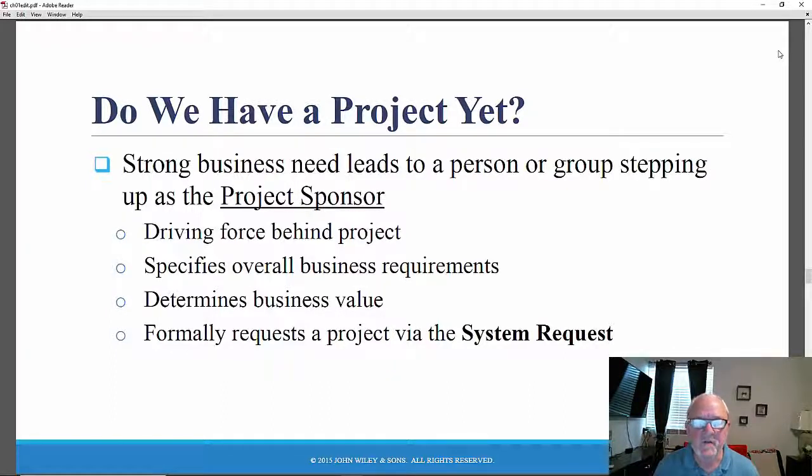The project sponsor would specify the overall business requirements, would make a case that the information system returns business value, and would formally request a project by developing and submitting a system request to the approval committee.